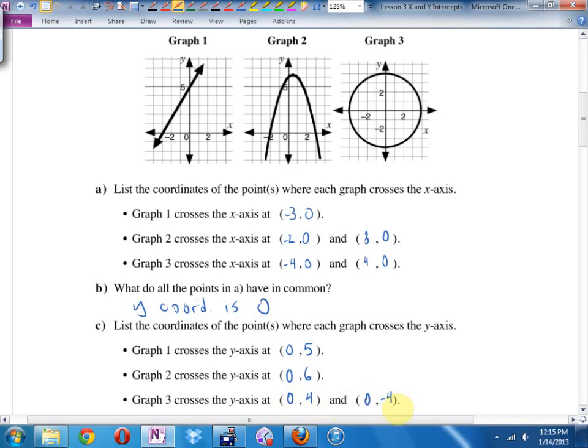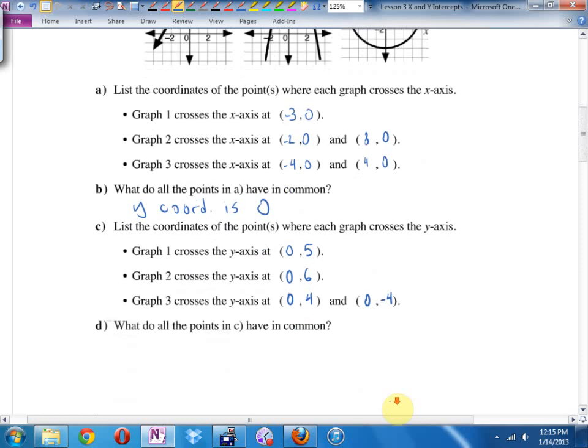Hey, what do you notice all those have in common? Why? How come? Well, if you're on the y-axis, I don't know how high you are, but I know how far left-right you are. You're 0 left-right. That's the only way that you can be on the y-axis.